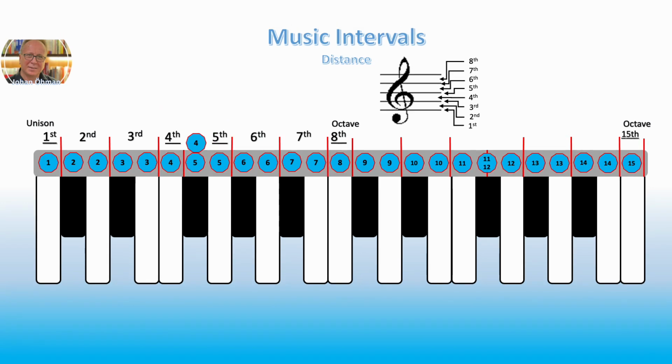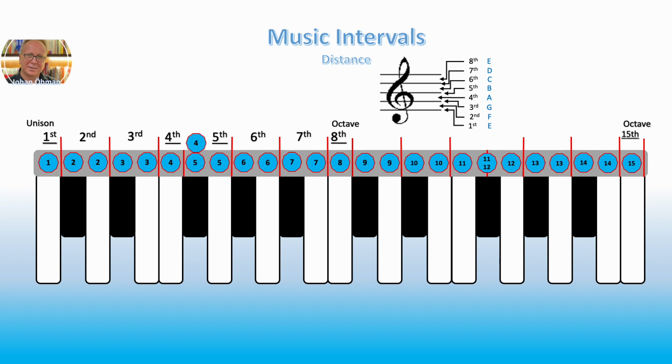Music intervals is just the distance between two notes. It is like any other distance, but we just measure the distance between notes, and that distance is expressed by this: the first, the second, the third, the fourth, the fifth, and so forth. Unison is a distance of no distance, and an octave is the distance of the same note but just higher, and those are all intervals.